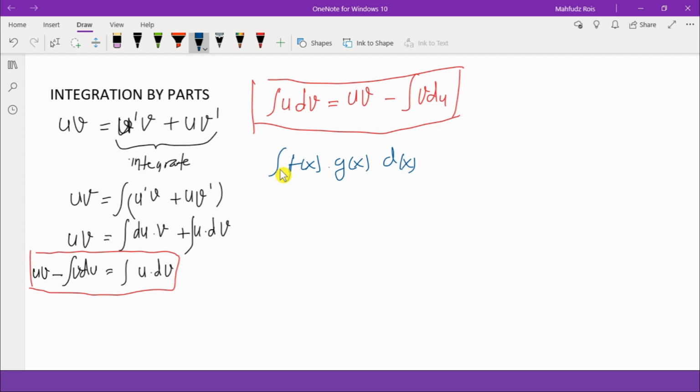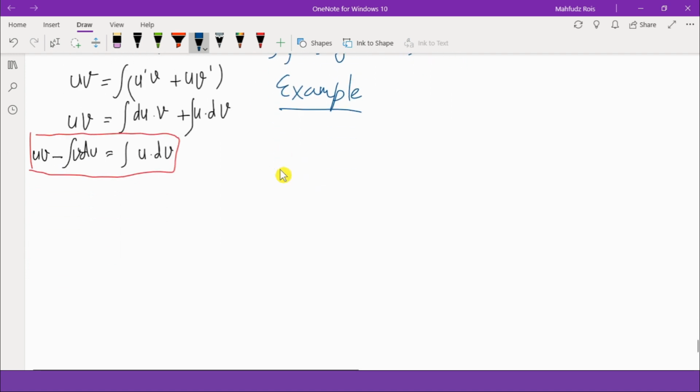So for example, we have the integration of e to the x times x dx. As you can see here, e to the x and x are different functions, and they are not derivatives of each other.